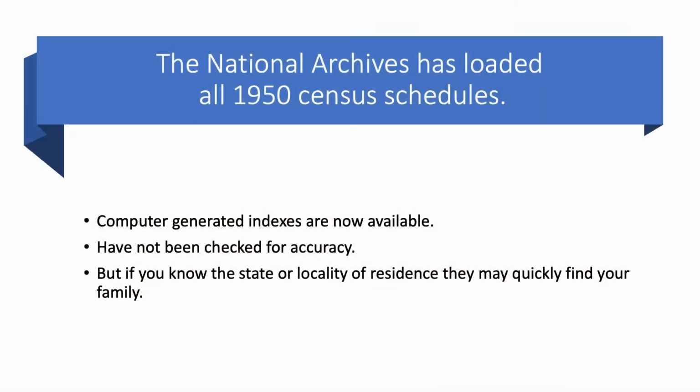They are asking for volunteer help from the public to work on this, but so far they have opened everything up and you can look at it and search it the way it is. If you know the state or locality of residence, they may quickly find your family. National Archives. That's number one.